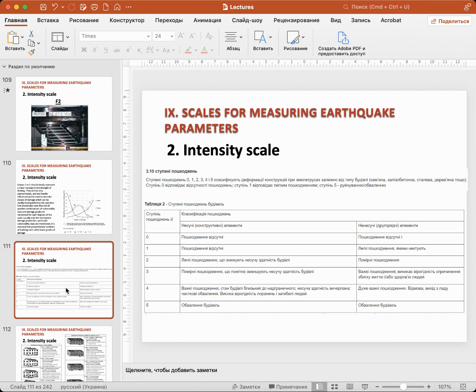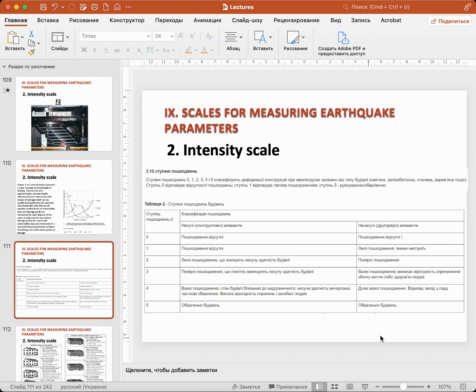For example, when we talk about the Ukrainian scale, we have this redistribution between degrees of damage for load-bearing and non-load-bearing constructions. Here we can see that at zero degree of damage there is an absolute absence of damage, both in load-bearing and non-load-bearing structures. And the fifth level is complete destruction, equal for both.